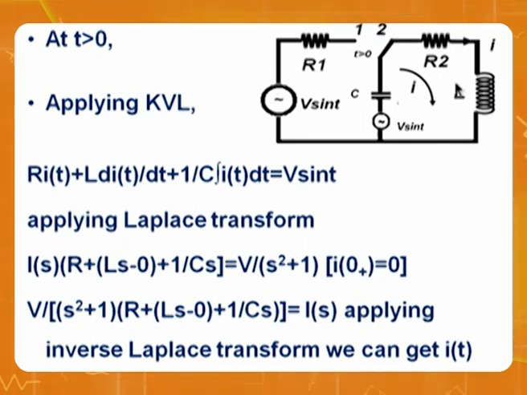Why are all the inductors and capacitors available generally? Because in general time, it is neither short circuit nor open circuit. So the capacitor is there along with its value. The inductor is there along with its value. So you will be substituting Ri, L di by dt, 1 over C, and this also will come.